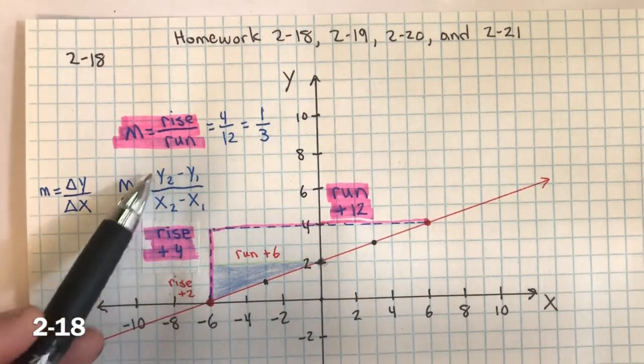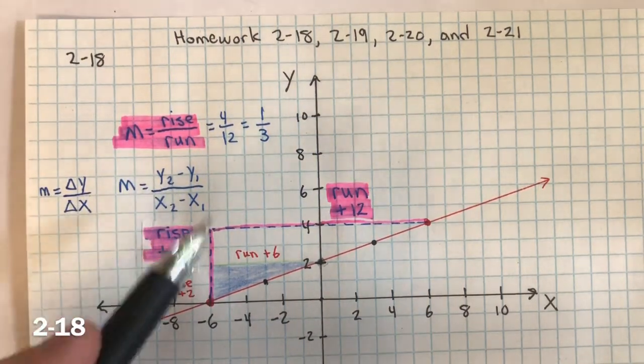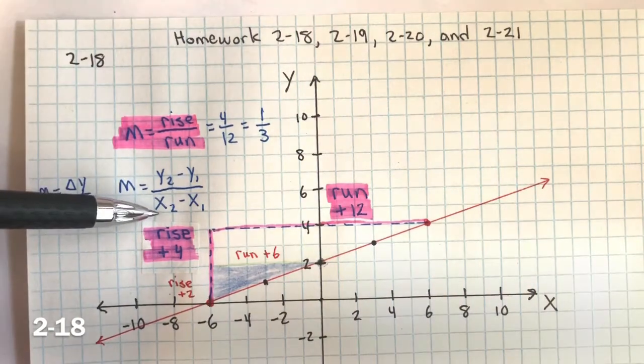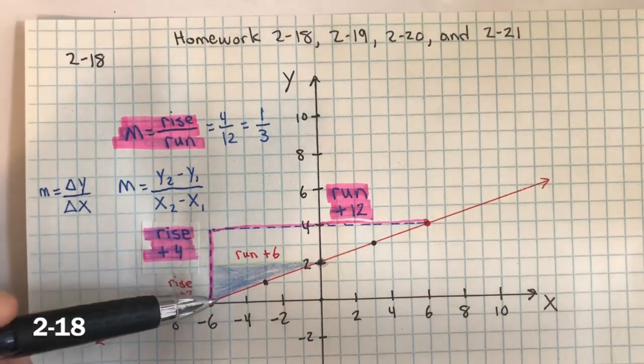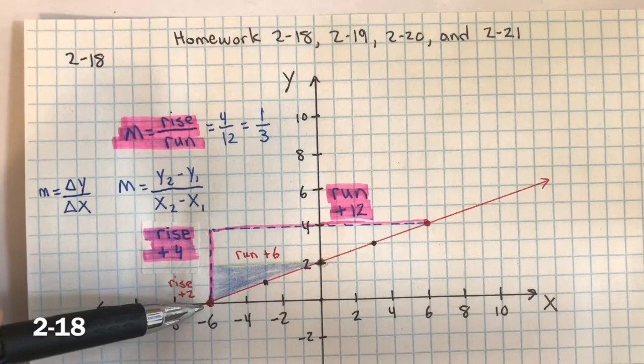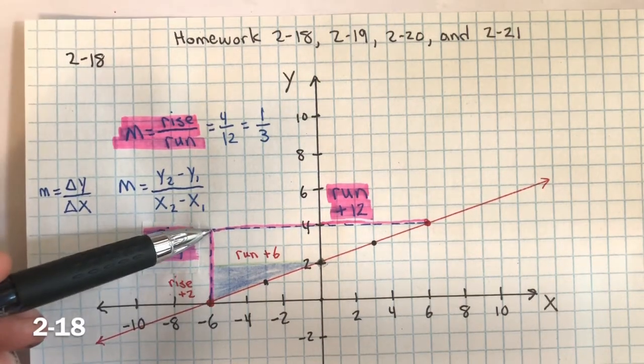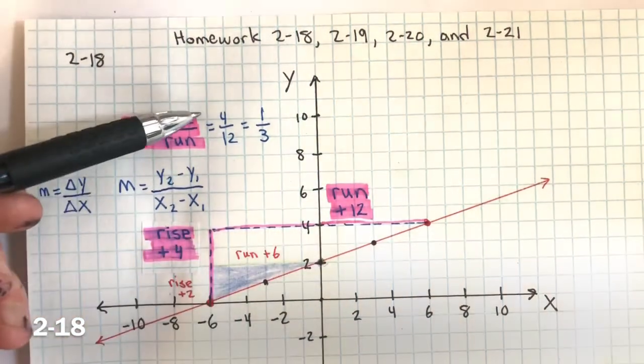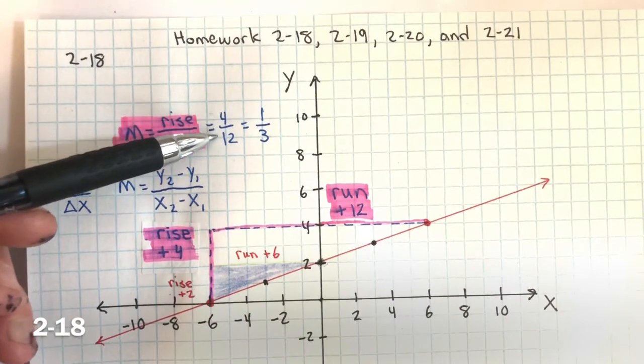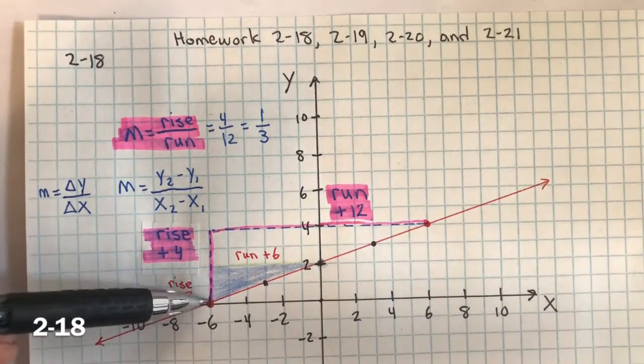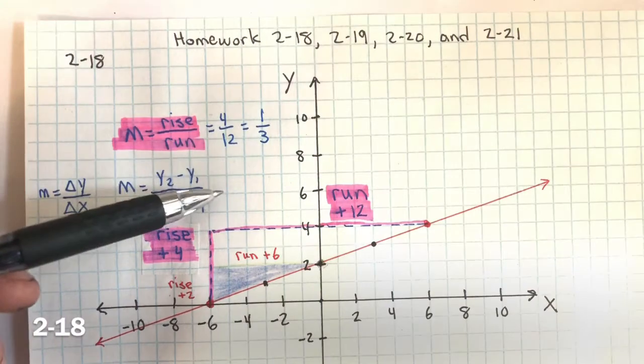So these are the points of the y's, and these are the points of the x's. From here we have a rise of 4 and a run of 12, and here you have 4 over 12. That simplifies to 1/3.